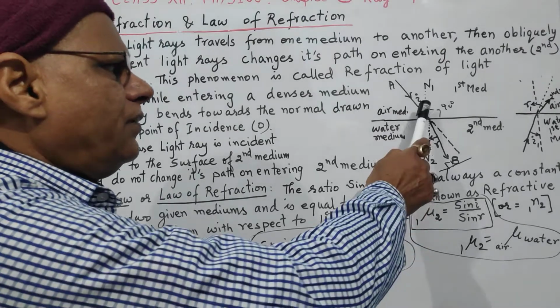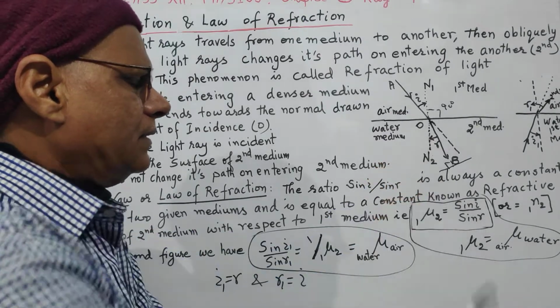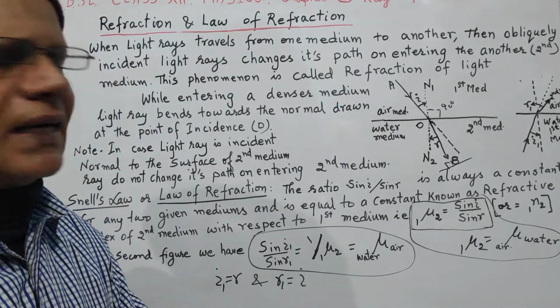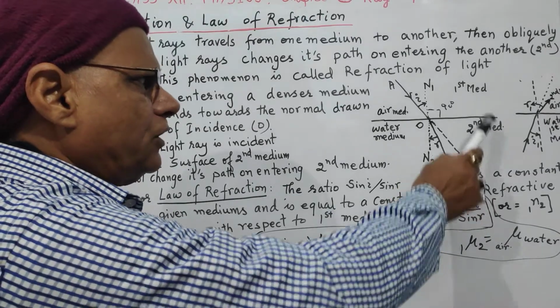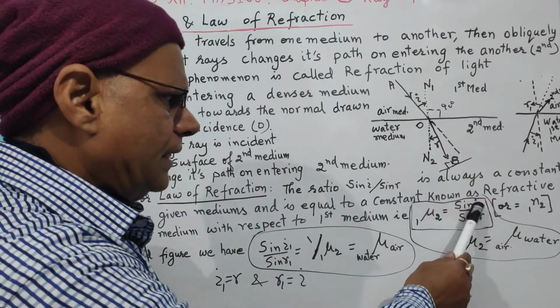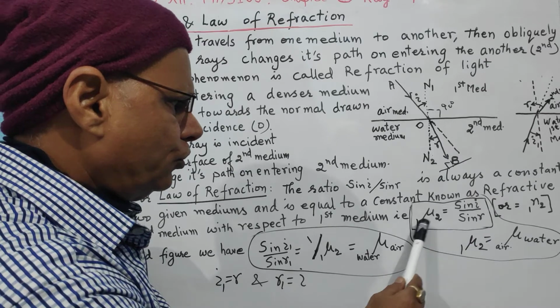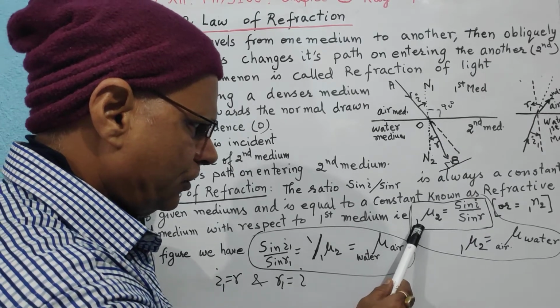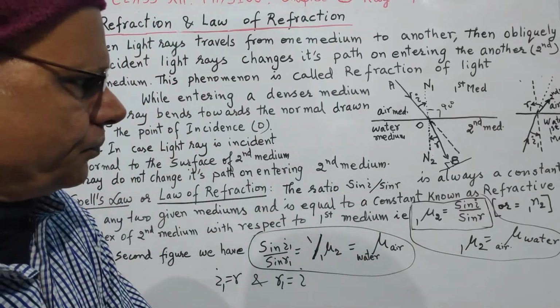The ratio of sin I by sin R is always a constant known as the refractive index of the second medium with respect to the first medium, and mathematically we write sin I by sin R is equal to mu2, the refractive index of the second medium with respect to the first medium.